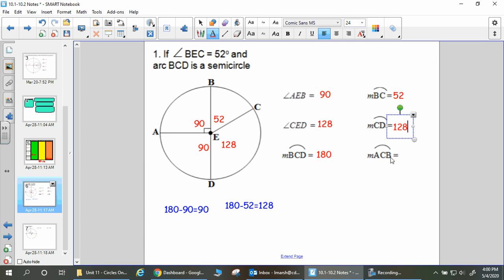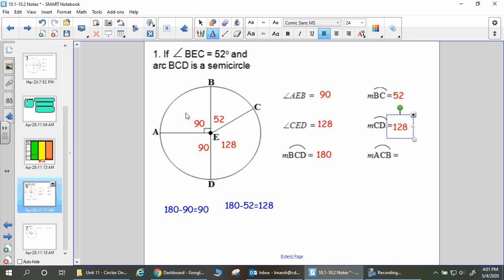And then ACB, so this is where you want to be careful. A, C should be the next letter. B should be the last letter. So A, long way around to C, and B. So it wants me to do the whole Pac-Man, right? So your options here are I can add 90 plus 128 plus 52, and I can add all of that together.